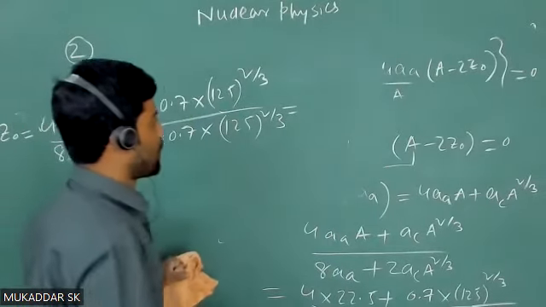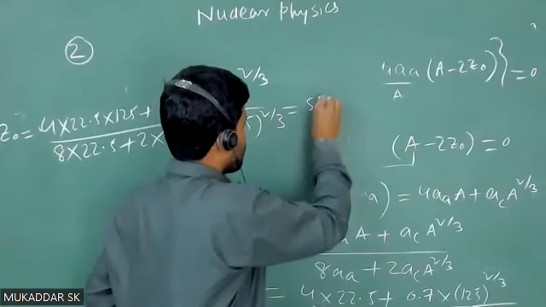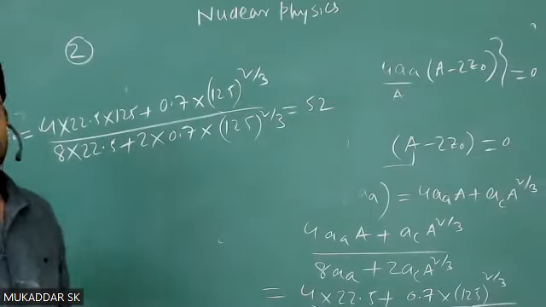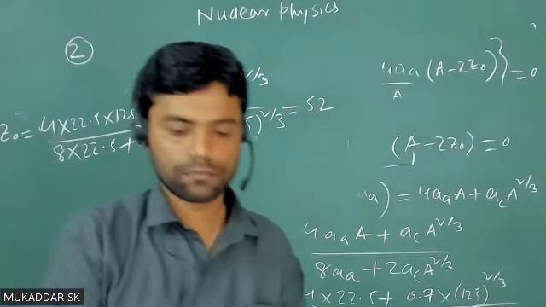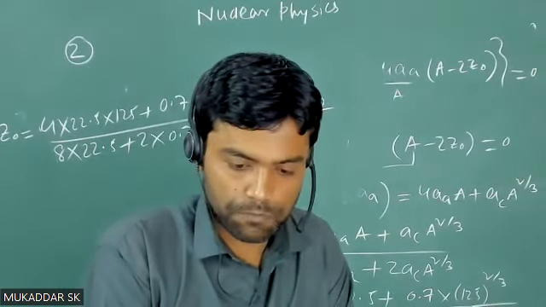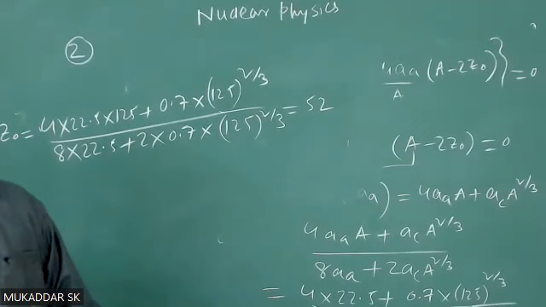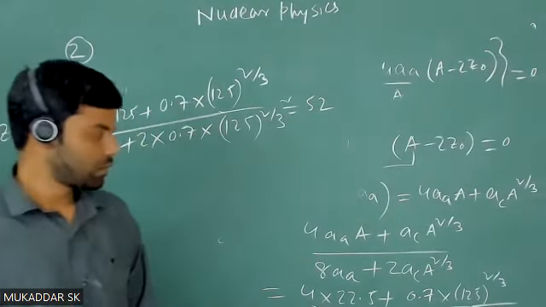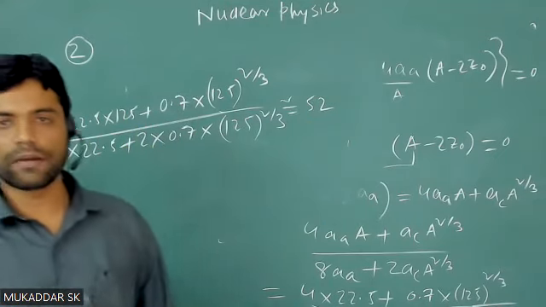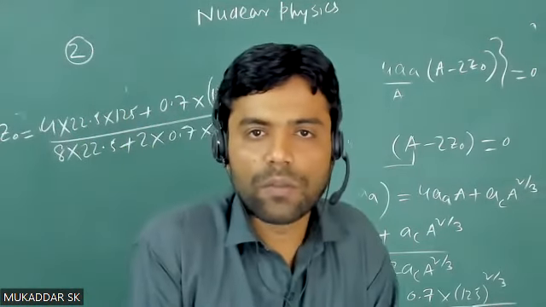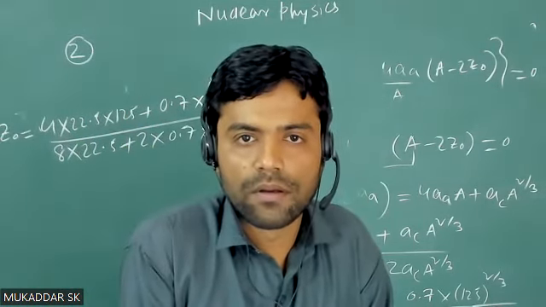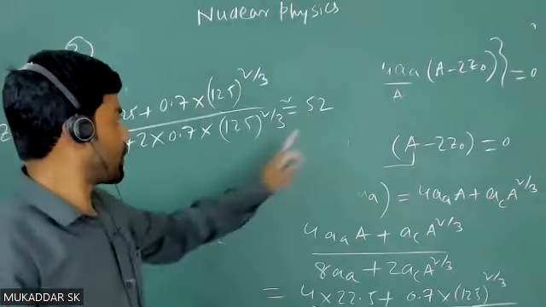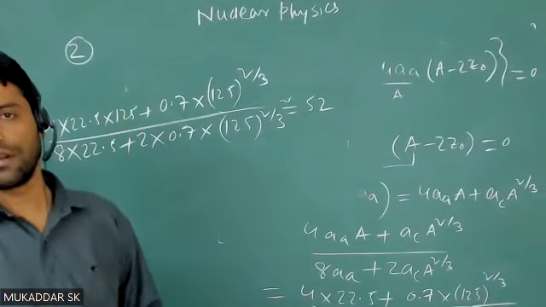52.24. So I can ignore that 2, right? So it is like 52. Approximately it will be 52. So for a given isobaric family of mass number 125, the nucleus having atomic number 52 will be the most stable.